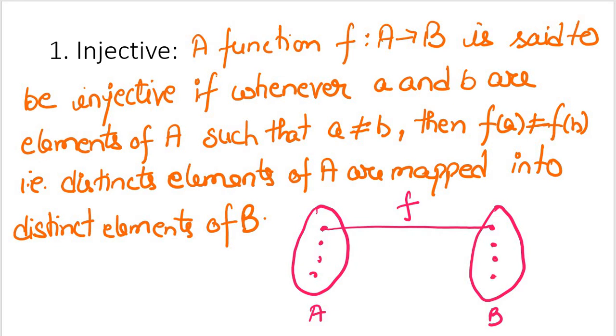Let's say there are 4 elements, so a mapping is done here, mapping is done here, and we see this kind of setup. So for each element in A, a mapping is done to each element in B which is unique, so distinct. So it's like an injective one.